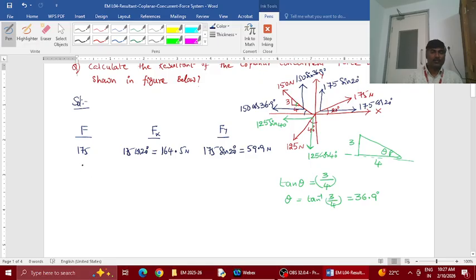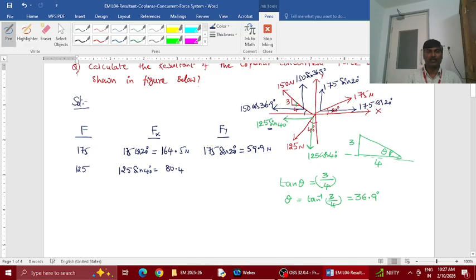Now for the second force, let us take 125. You may choose any of the forces; it need not be in the same order. The x component is 125 sin 40, which works out to be 80.4.